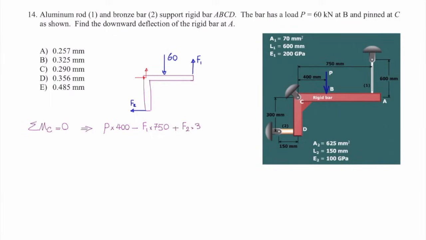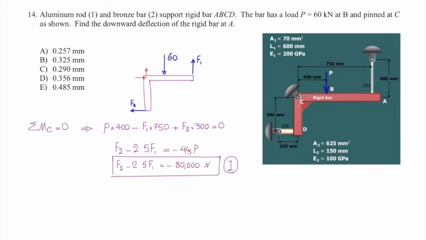It's 300 millimeter. Okay, so let's simplify this equation. I'm going to write it in this way. Here, I will divide both sides by this minus multiplier. So that would be F2 minus 2.1 F1 is equal to negative 4P. All right, so this is step number 1.